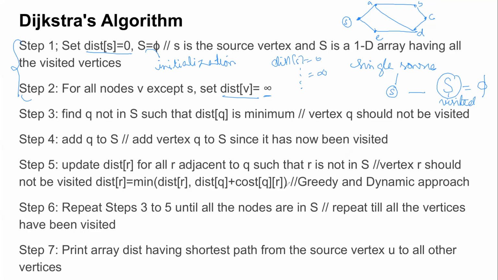Now, what you are going to do in general is try to look at the neighbors of the vertices. You try to see what the direct neighbors of the vertices are. So I have only 2 direct neighbors. Let me put some weight.